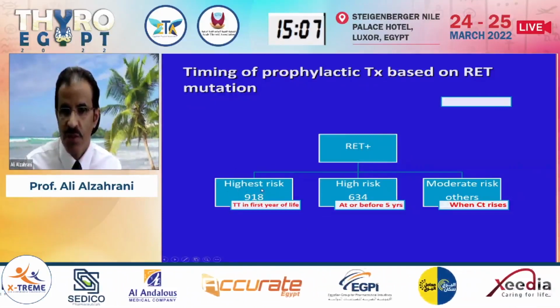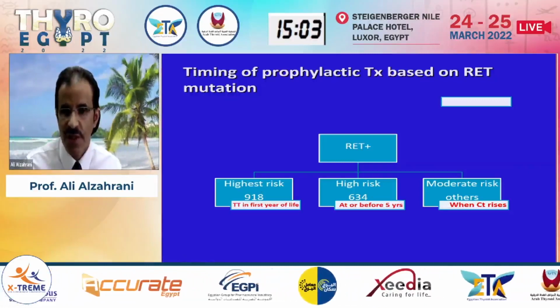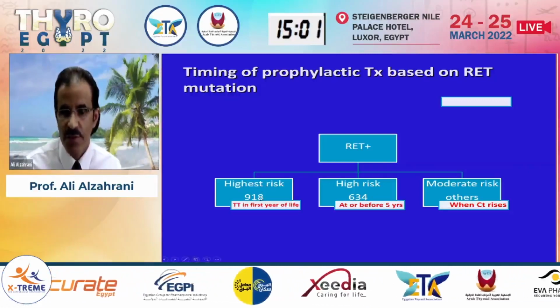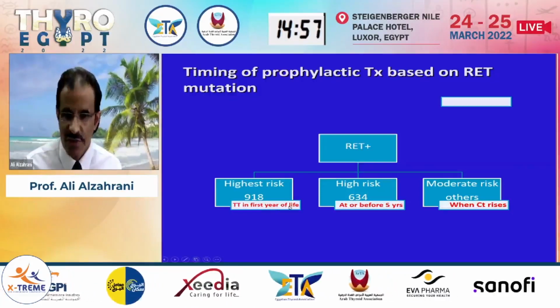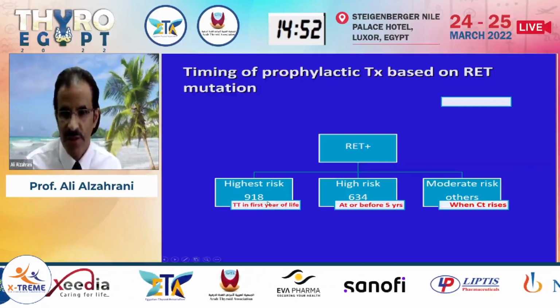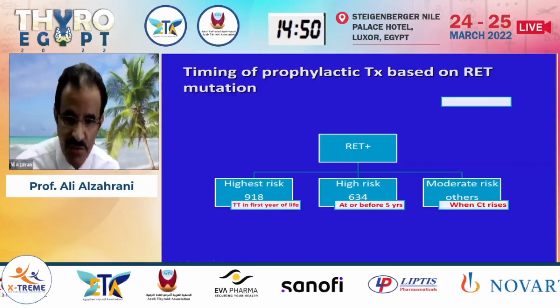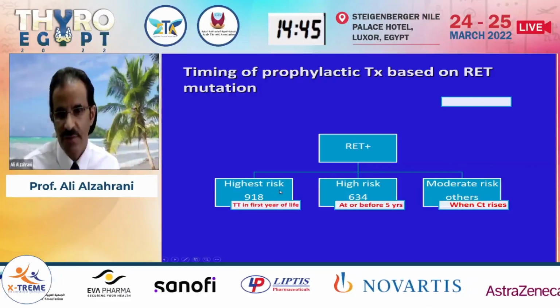Those patients almost certainly will develop very aggressive medullary thyroid cancer, and prophylactic thyroidectomy needs to be done as soon as possible, certainly in the first year of life, because of reports of patients developing medullary thyroid cancer in the first year of life.